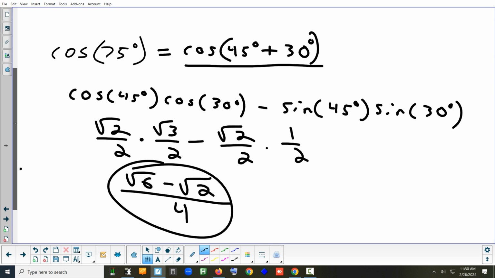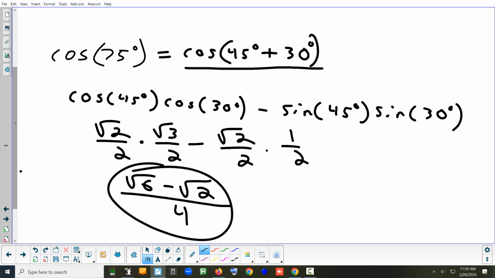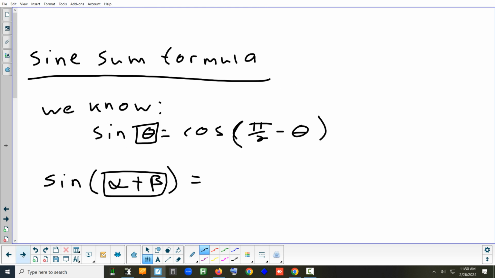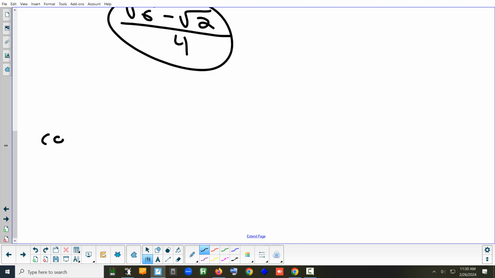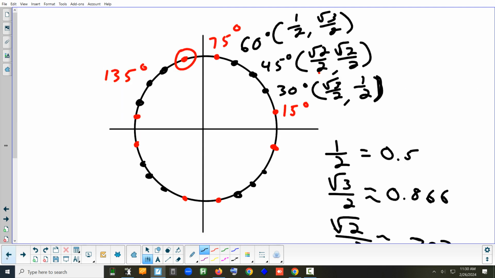So any question on how we got the cosine 75? All right. How about if I did, again, just thinking about how you would split it up, cosine of this one? That's a 165.